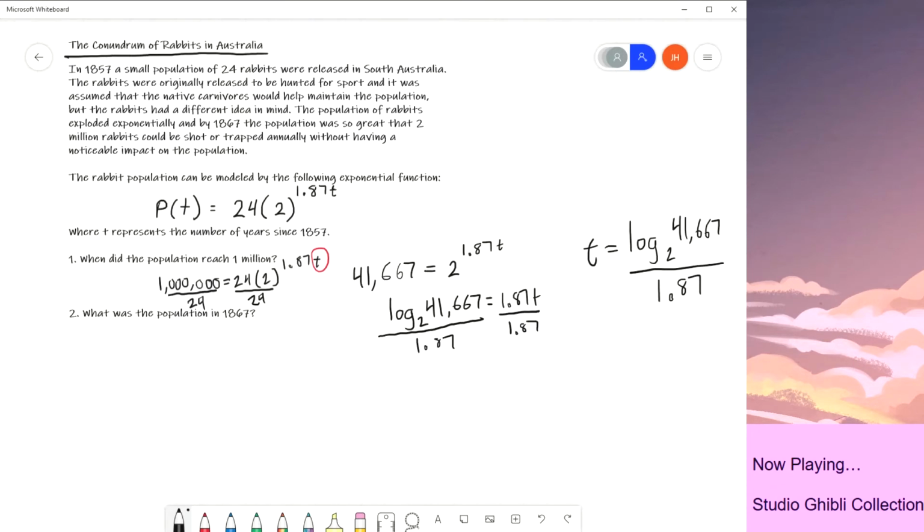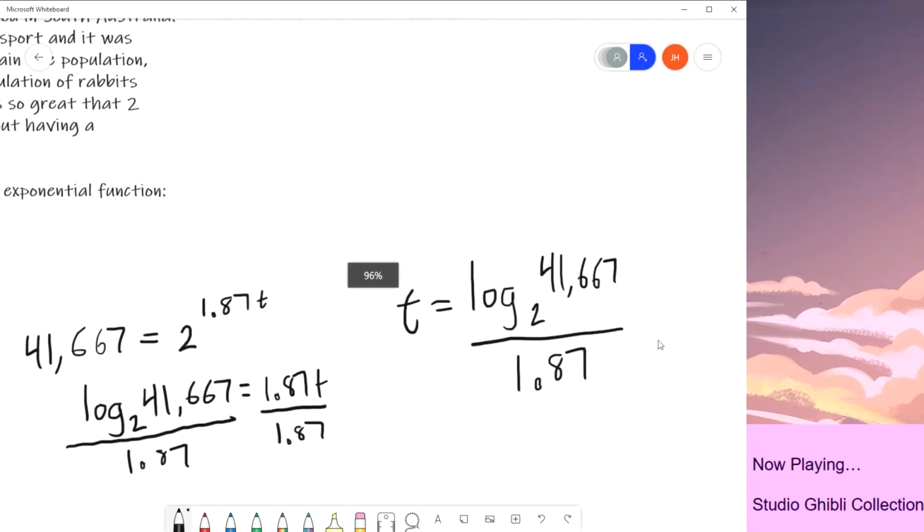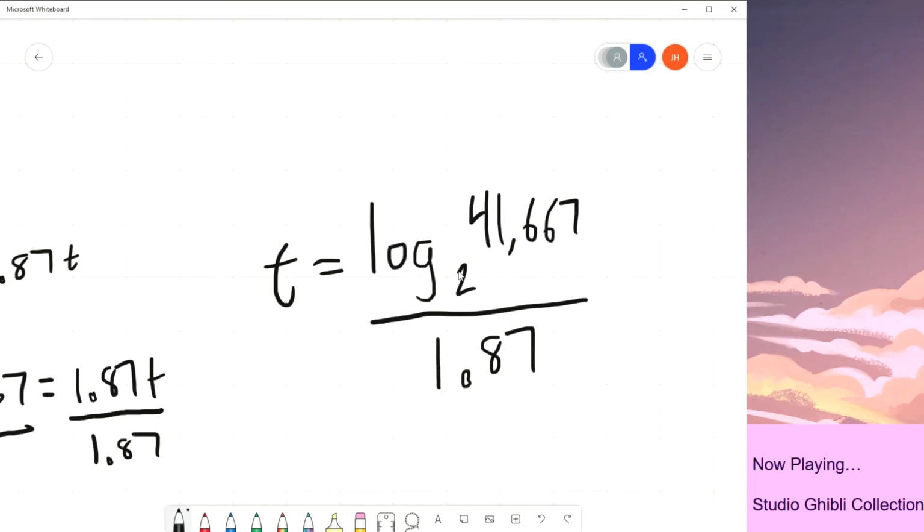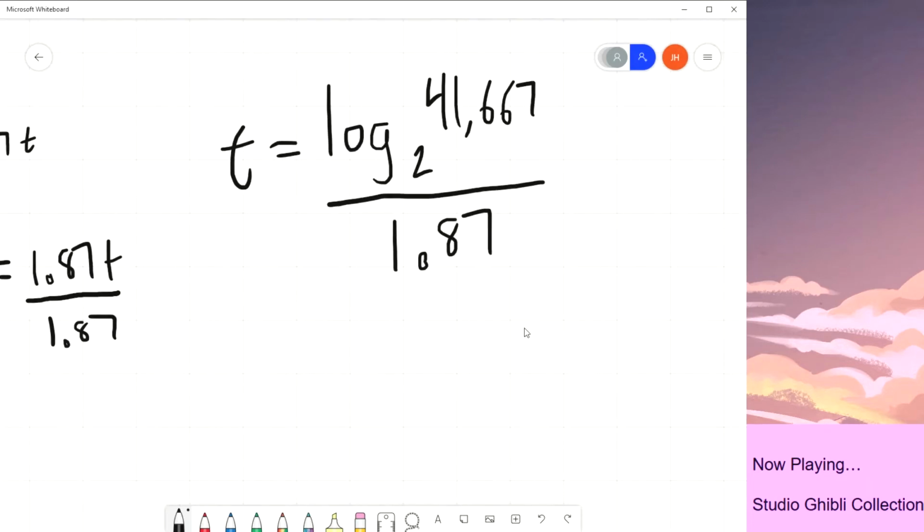No, let's be real. We know that this sucks, right? We need to evaluate this. But we have a problem here. This log here is base 2. The base of this log is 2. And when we were using logs in our calculator, we were only able to evaluate things like log, which is the common log, so base 10.